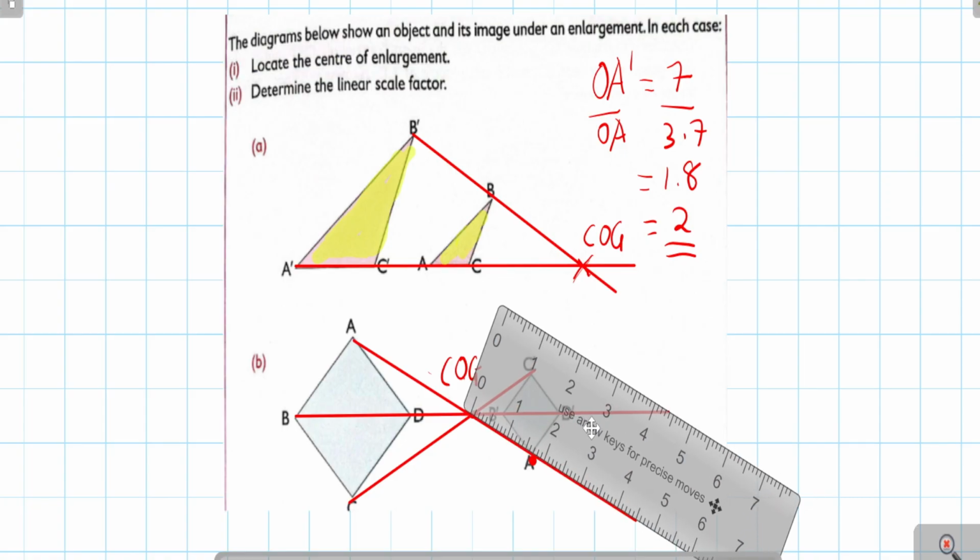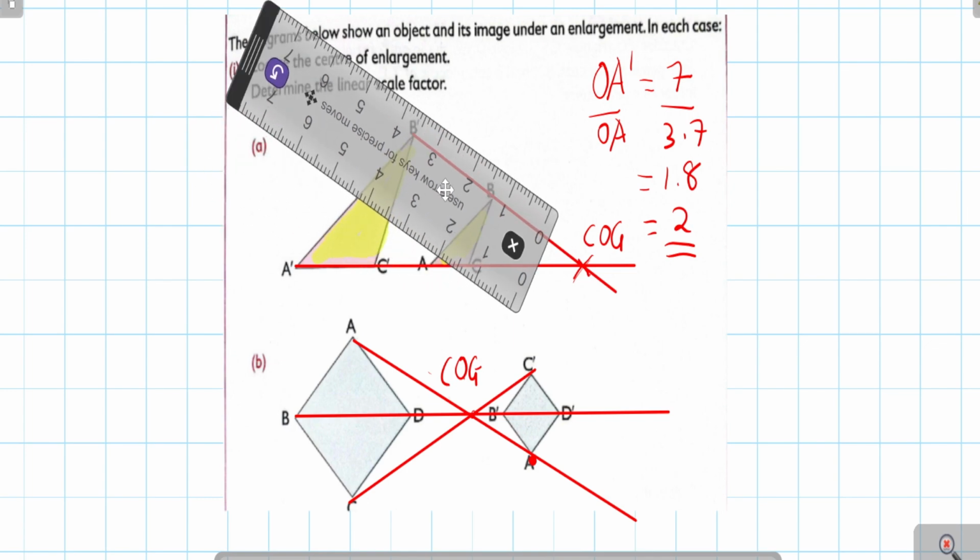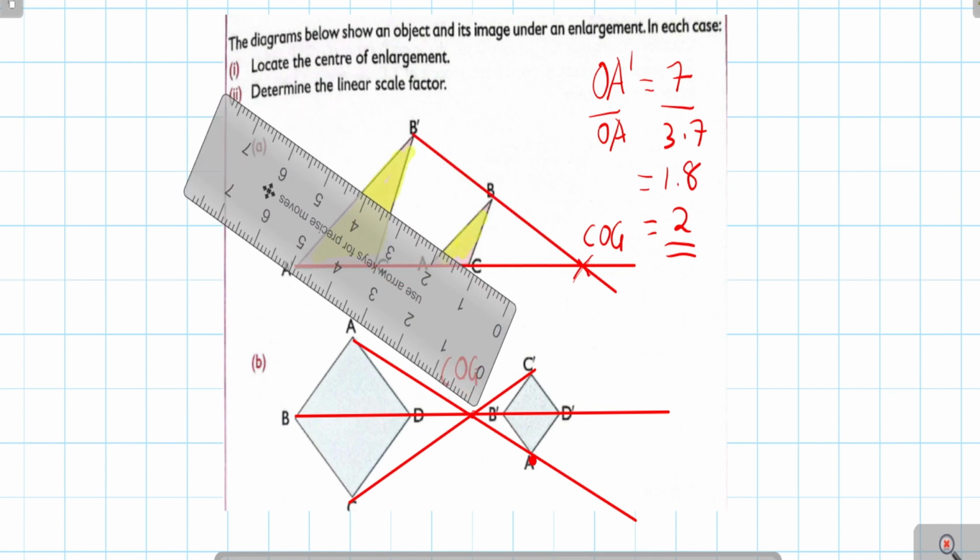Okay, from O to A prime is around 1.2. So OA prime ni 1.2 divided by OA.